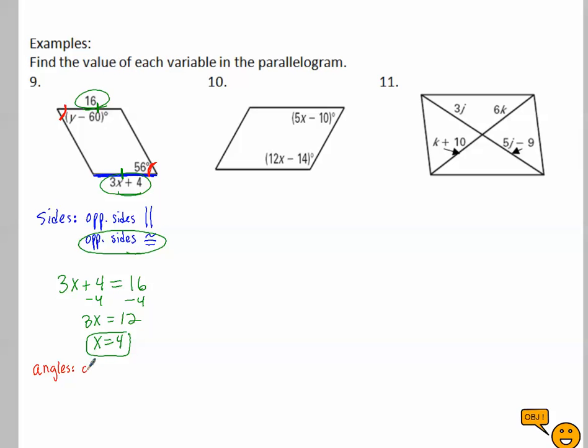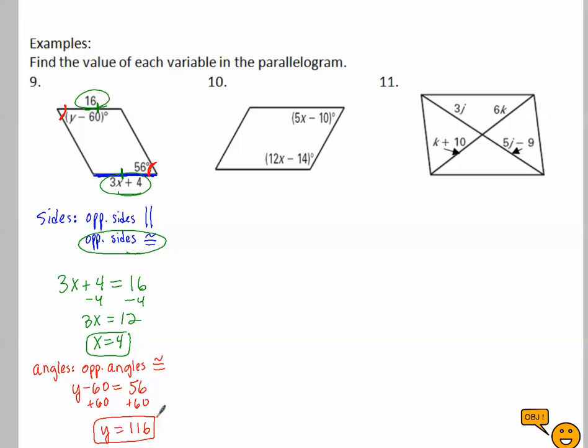Those are called opposite angles. Well, I look back at my properties and I see that opposite angles are supposed to be congruent. That's going to help us here. So I'm going to say that y minus 60 equals 56. Then I can solve by adding 60 to both sides, and I see that y equals 116 for the y that's in the angle.